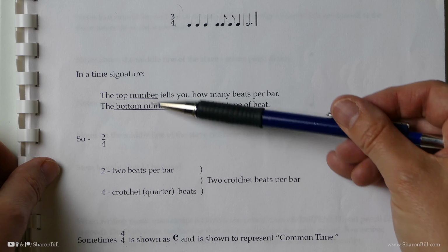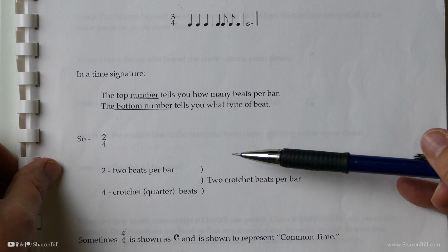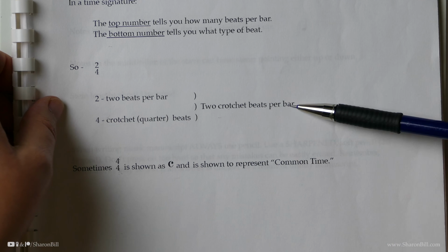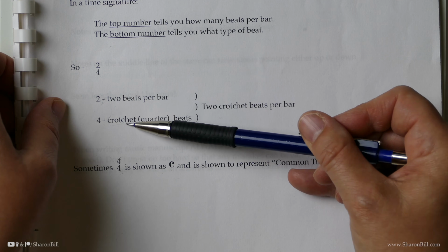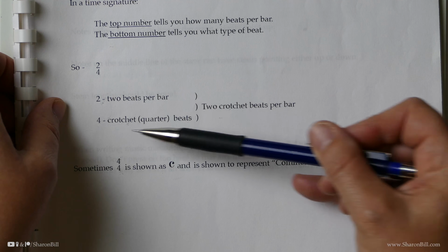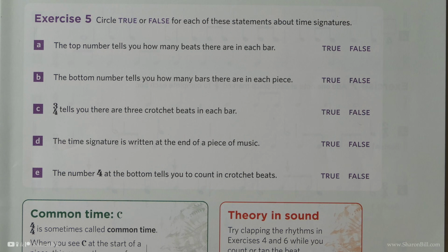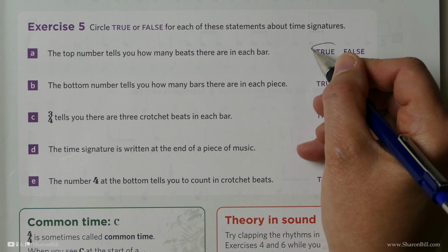And we can see that the top number tells us how many beats per bar, the bottom number tells us what type of beat. And so 2 crotchet beats per bar or 3 crotchet beats per bar. That's the number of beats per bar. And here's our quarter note or crotchet beats per bar. That's our sort of denomination, as it were. So the top number does indeed tell us how many beats per bar.